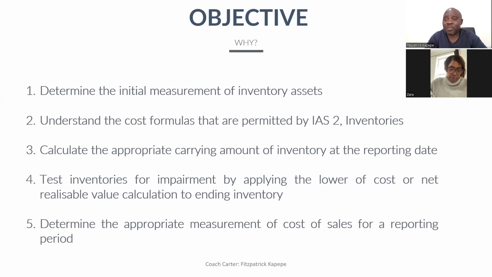Fourth, test inventories for impairment because they can actually go obsolete. So we should test inventories for impairment by applying the lower of cost or net realizable value calculation to ending inventory, meaning that whichever of the two is lower, that is what we pick. Is it the cost or the net realizable value? Whichever of the two, that is what we're going to pick and use to value this particular inventory. The difference then comes in as impairment.